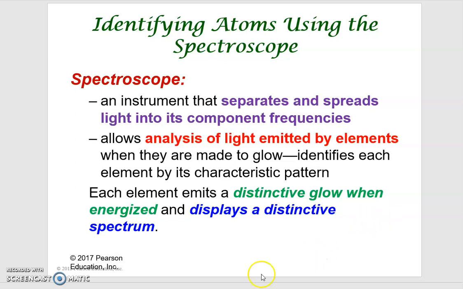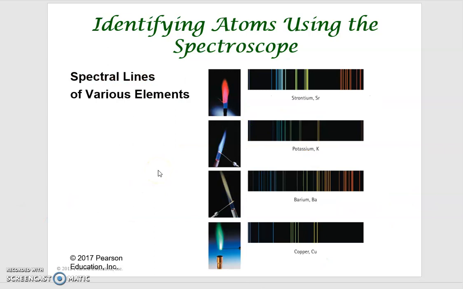For example, in this slide, you can see that sodium will produce a bright yellow light, which makes it useful as a light source for street lamps. And neon atoms emit a brilliant red-orange light, which makes them useful as a light source for neon signs. So each element can produce light, and this light can be separated into different component frequencies. This spectrum is different for each individual element.